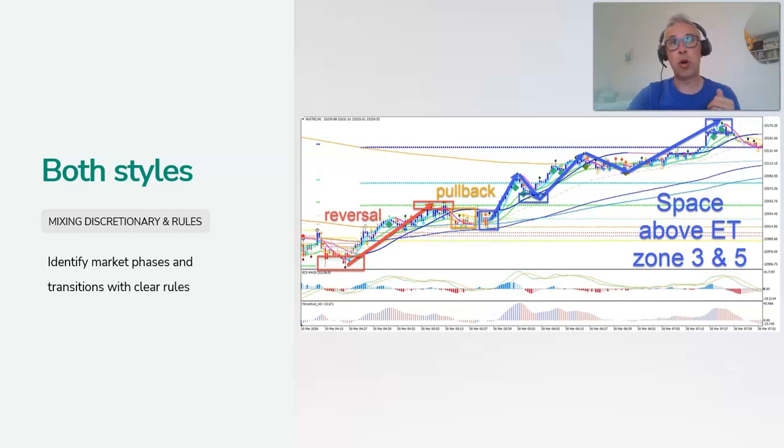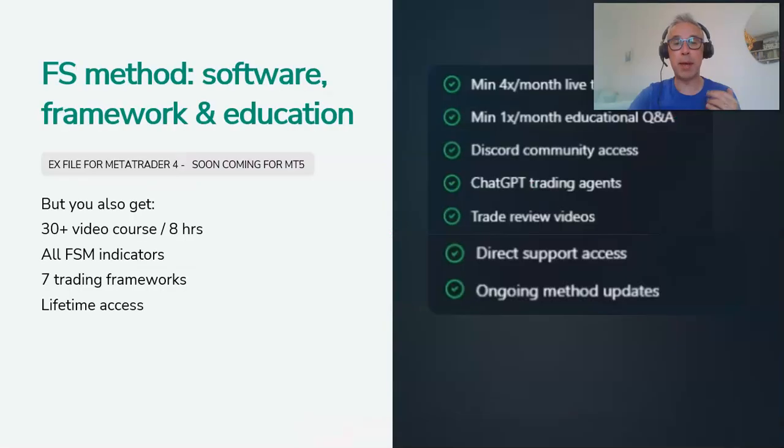Okay, so FS method basically makes a mix of that. We have education, we have that software that explains, although you can start right off with the 21 and 144 EMA just like that and try it for yourself.